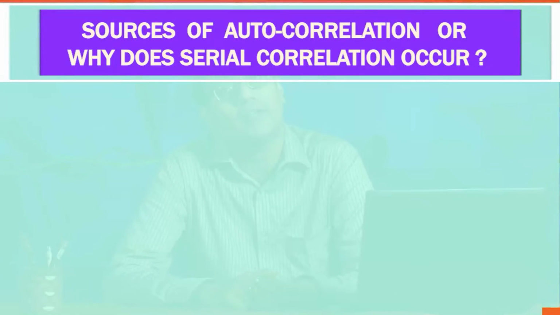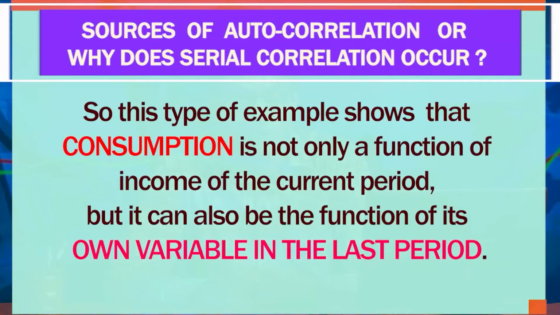But suddenly cutting down expenses will be difficult for him because his consumption standards are greatly influenced by the comforts that he enjoyed in the previous time period. So this example shows that consumption is not only a function of income of the current period, but also a function of its own variable in the last period.